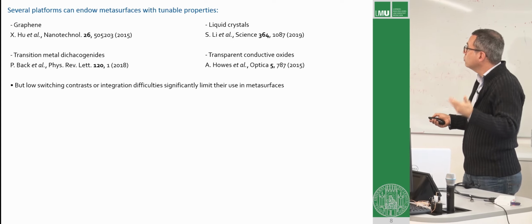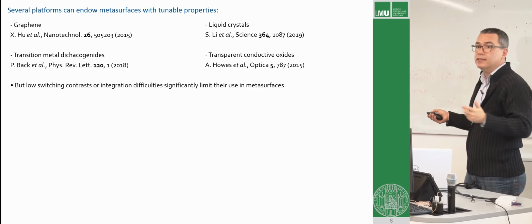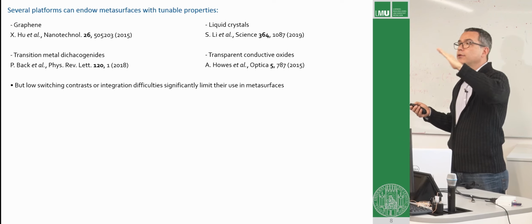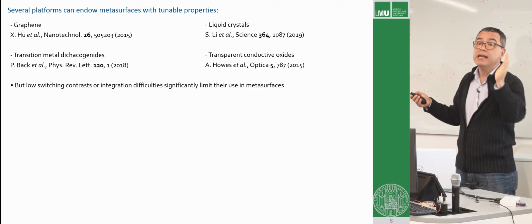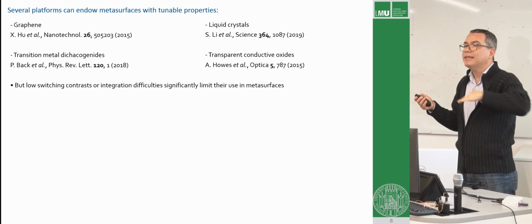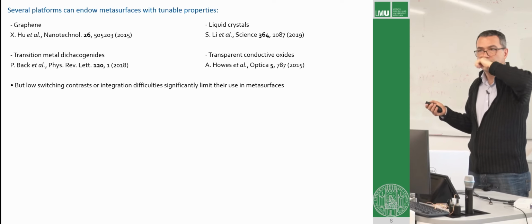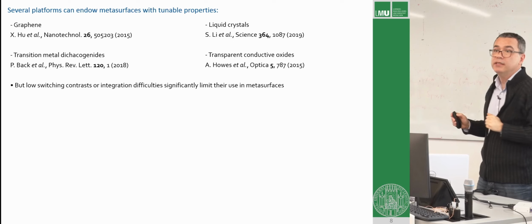You can use also transition metal chalcogenides as well. You can use liquid crystals. In this case, by applying a voltage, you can orient the liquid crystal molecules, and then you can tune the amount of matter that light sees when passing through this metasurface. So you're also changing the effective refractive index of this material.